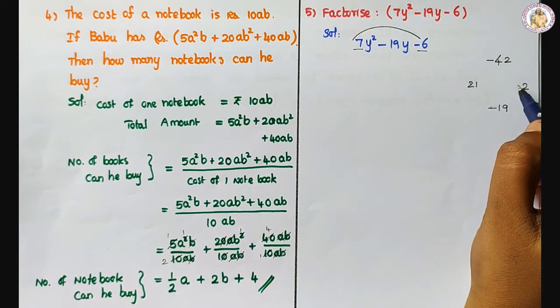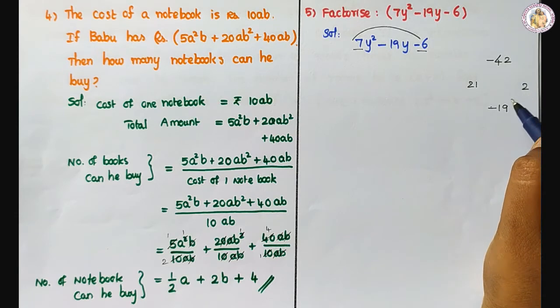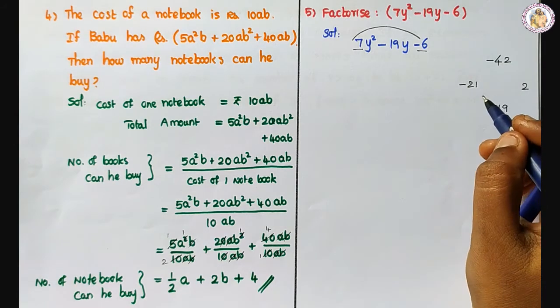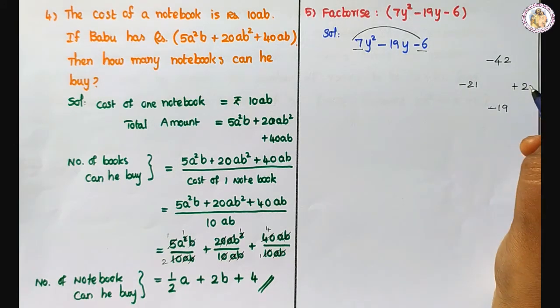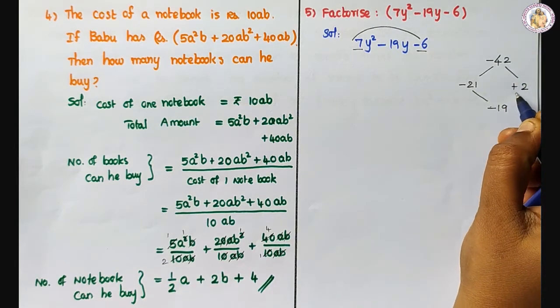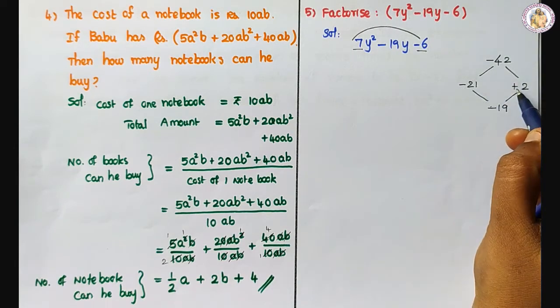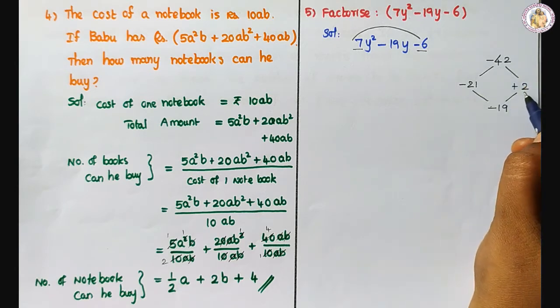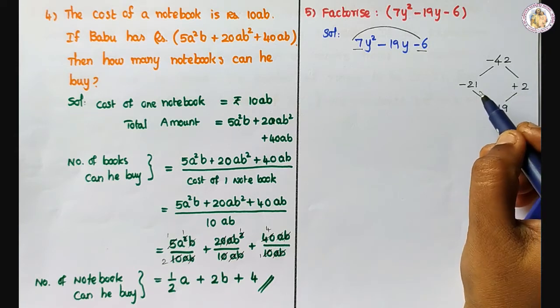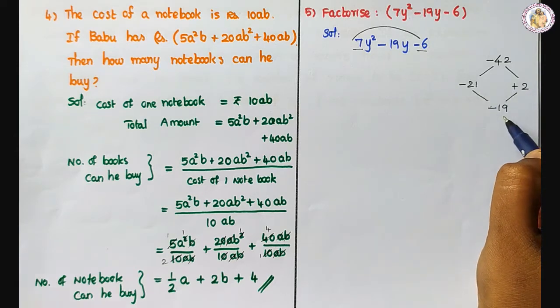Here one of them is minus, since here it is minus 19. So the biggest number has the minus sign, and here plus 2. Check that: minus into plus is minus, 21 2s are 42. Add these, different signs, so we subtract the numbers and get 19.